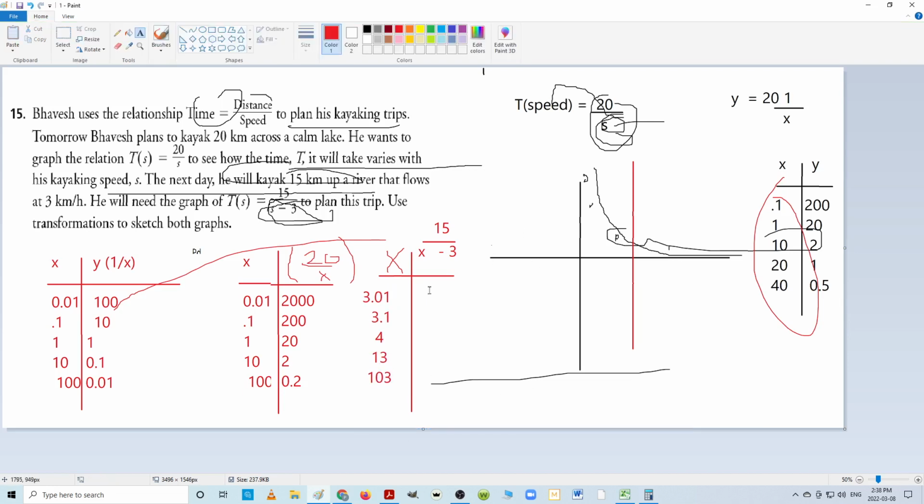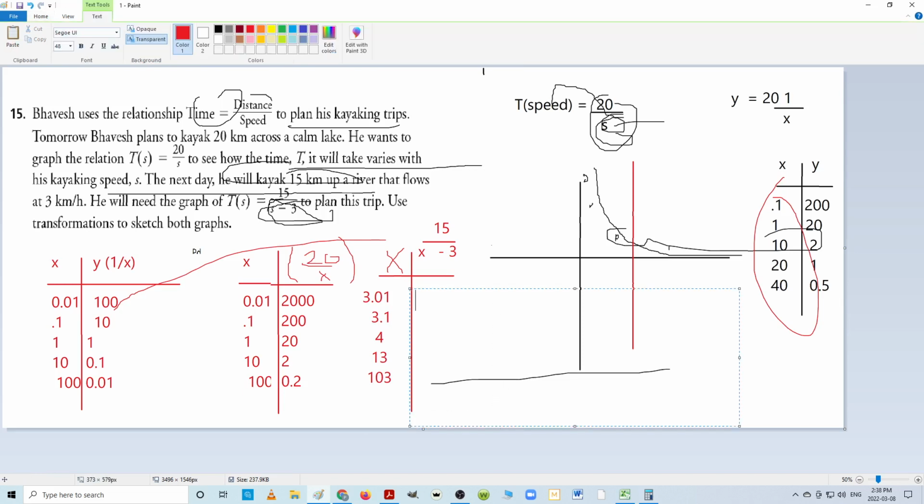And my y values are going to become this. And I can just plot them.